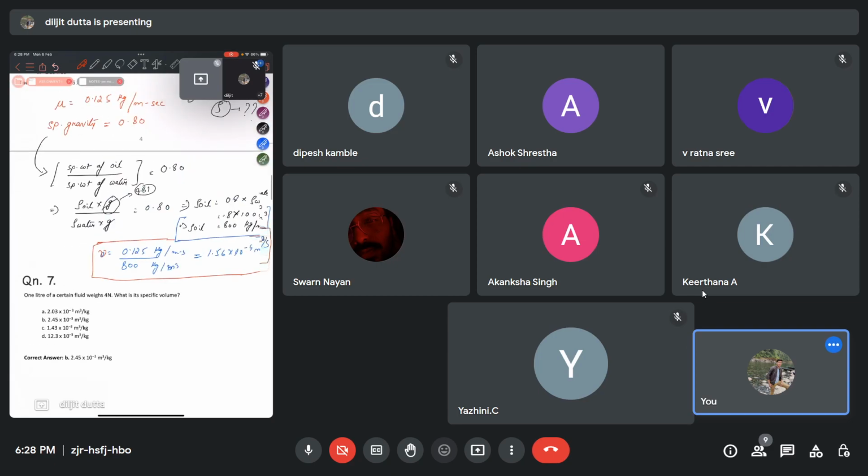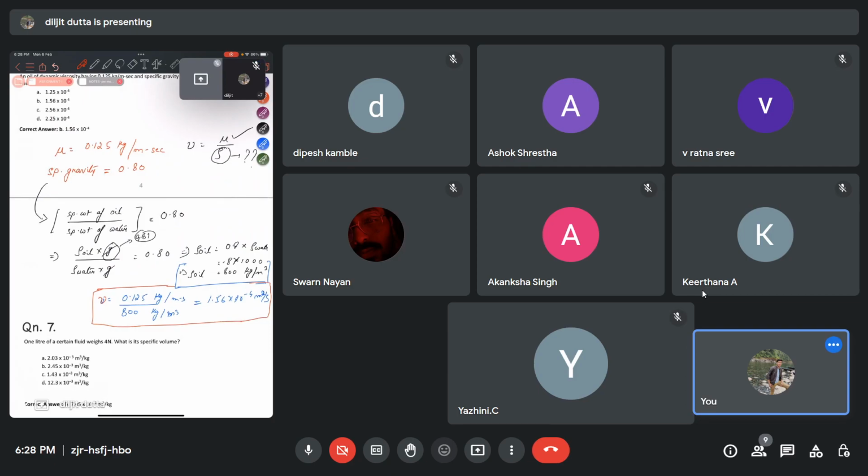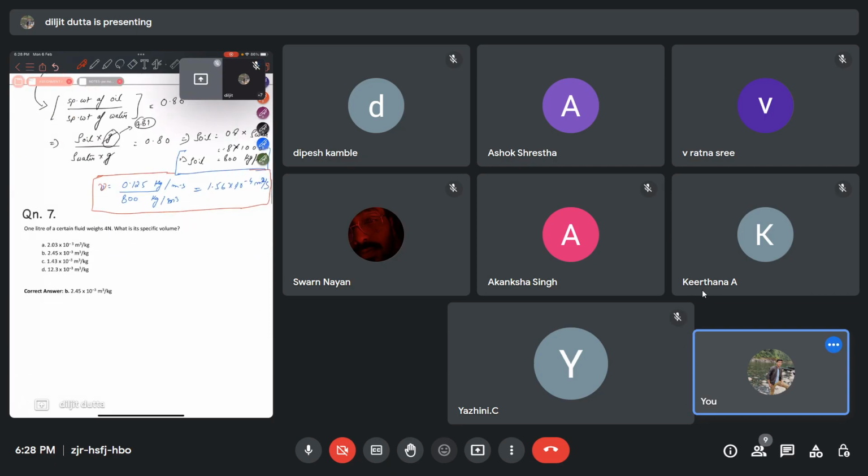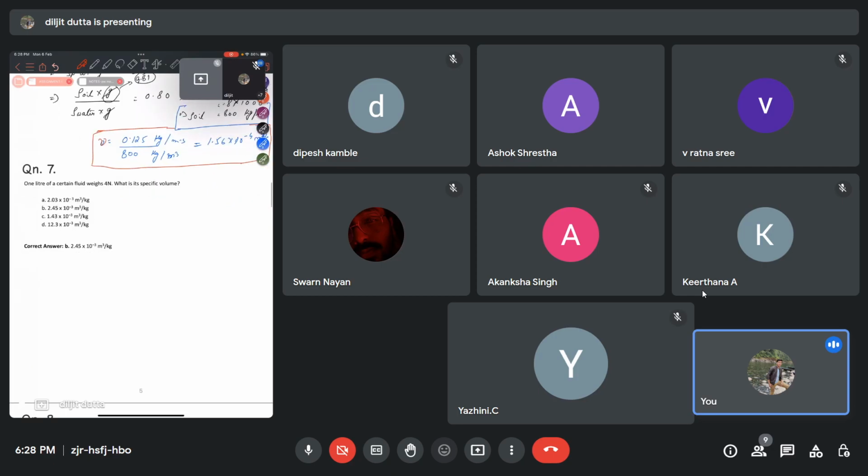Coming to the next question. It is given that 1 liter of a certain fluid weighs 4 Newton. What is its specific volume?